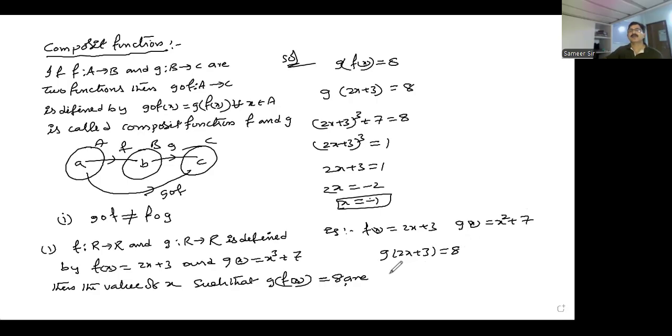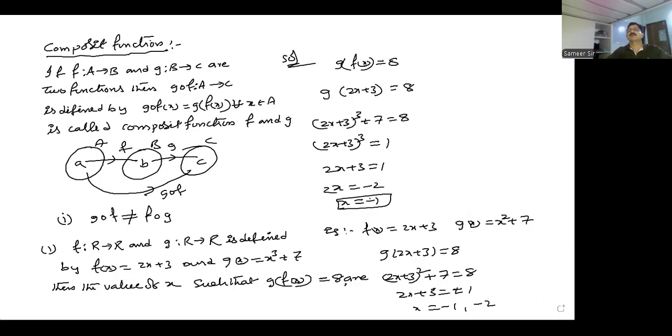And here, (2x plus 3) whole square plus 7 is equal to 8. And (2x plus 3) is equal to plus or minus 1 we will get. So x is equal to minus 1 and x is equal to minus 2. You will get like this then.